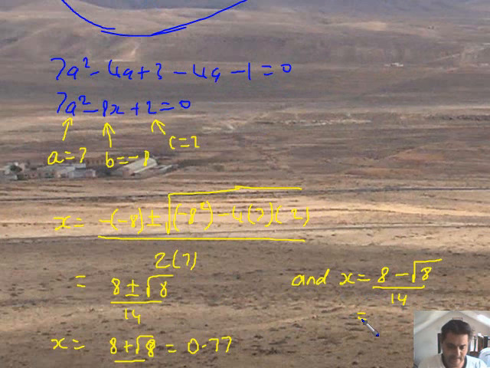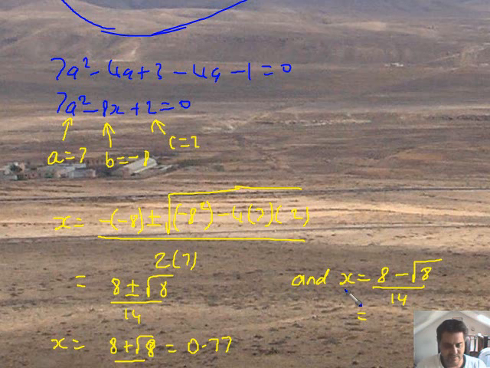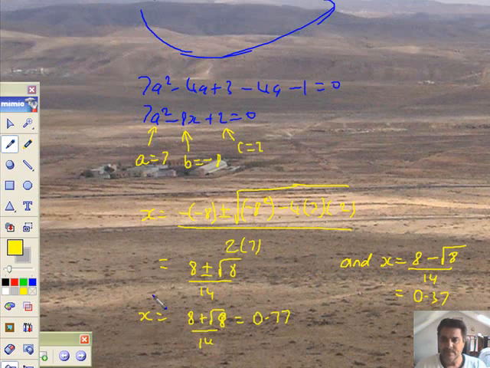We'll get that quickly. So 8 minus root 8 equals, now divide by 14, I'll make that 0.369, 0.37 I'm going to go with.